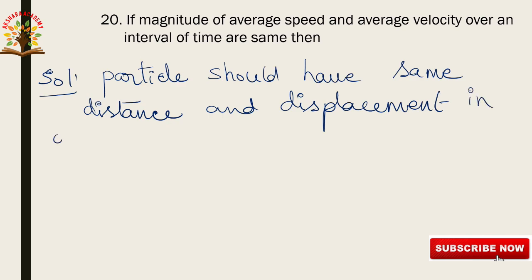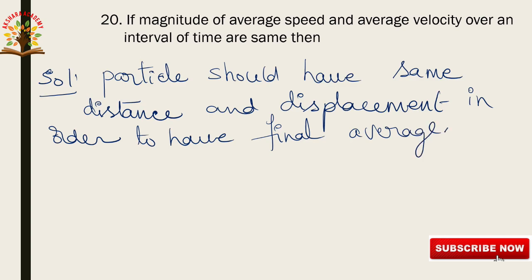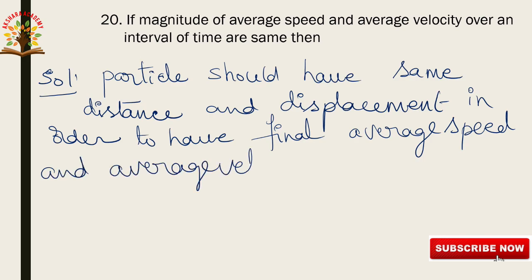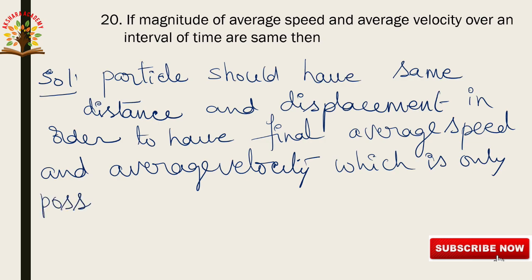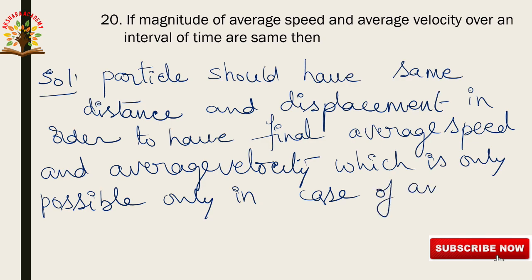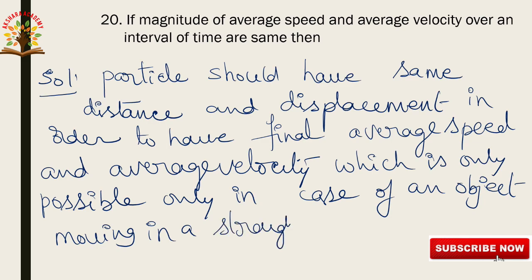So in order to have equal average speed and average velocity, which is only possible in the case of an object moving in a straight line without turning back.